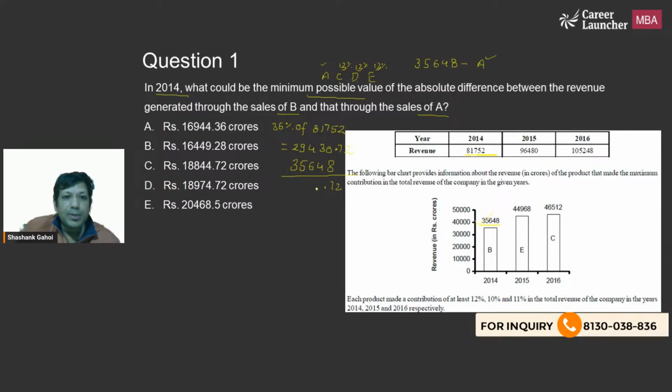This is 8, this is 7, this is 0, this is 15,235, and 6. Okay, so this much. Right. Now, if I subtract this value from 81,752, what is the value we are going to get?